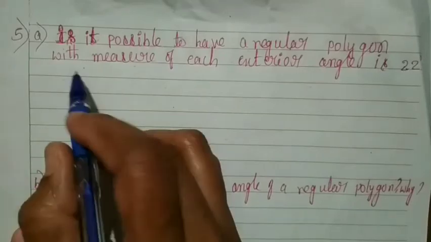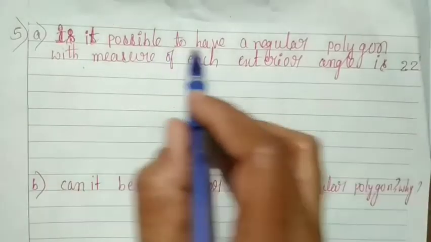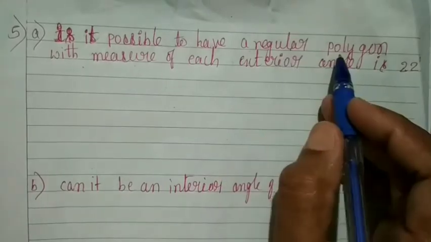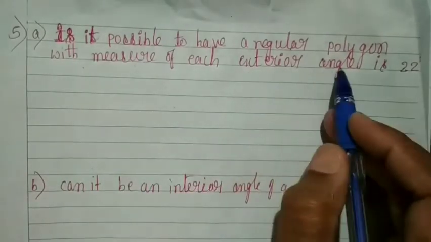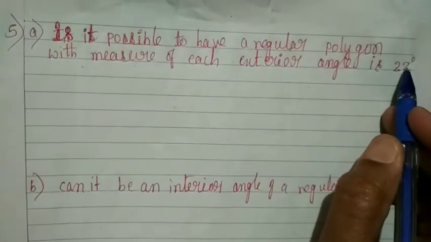Fifth problem, is it possible to have a regular polygon with measure of each exterior angle is 22 degree?